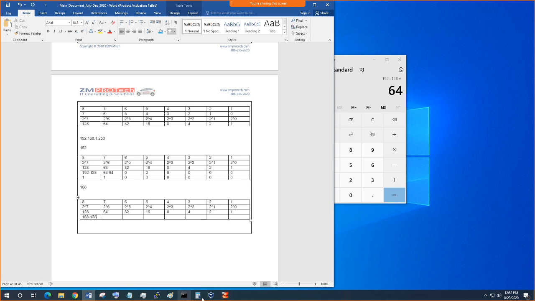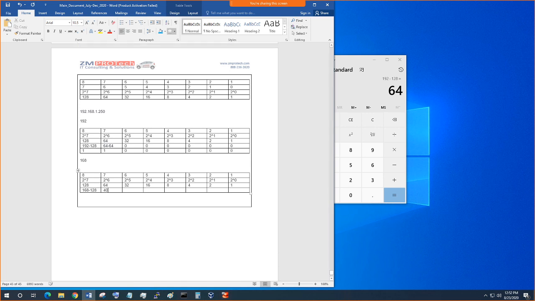So how much is left? 40 is left. Okay, but we cannot subtract 64 out of 40, so it gets passed down to here. So we do 40 minus 32. We are able to do that here. How much is left? 40 minus 32 is 8. 8 is left here.